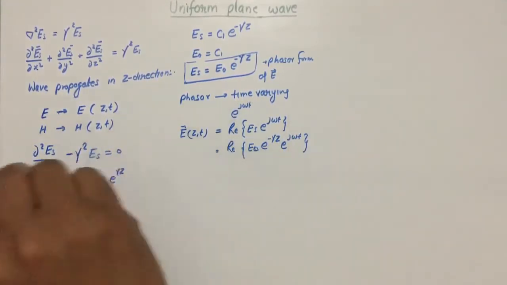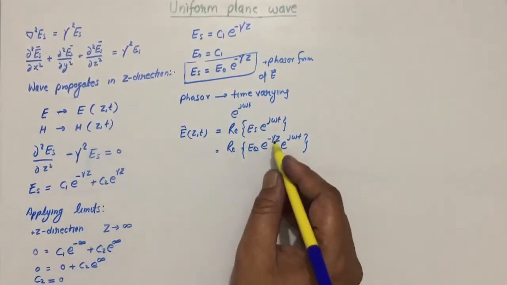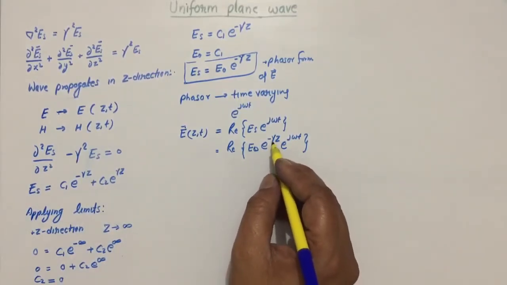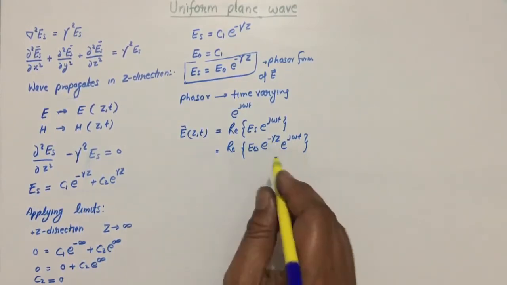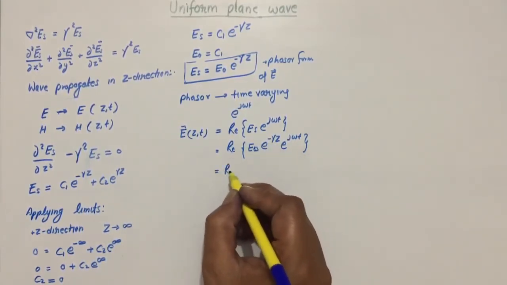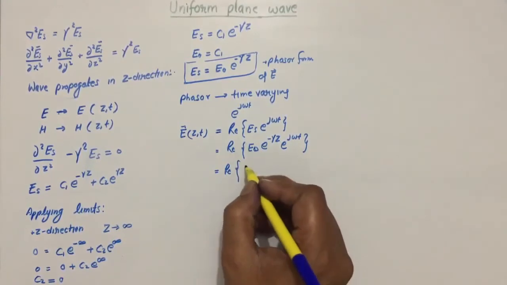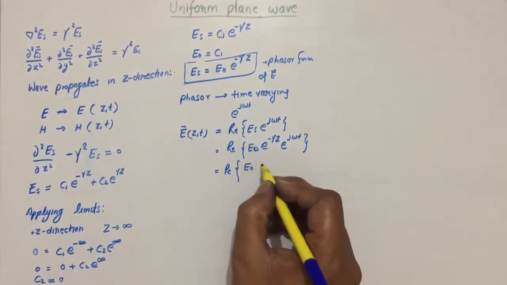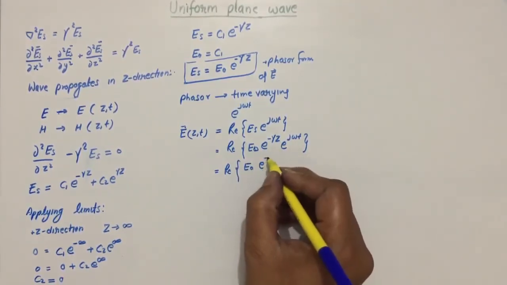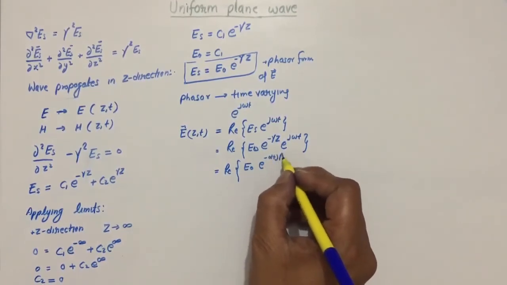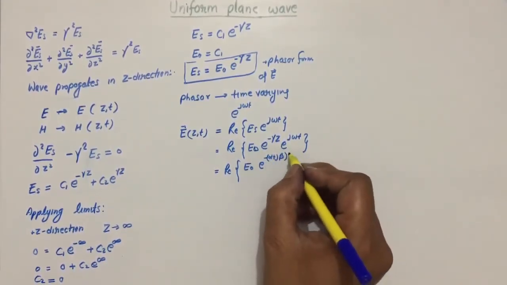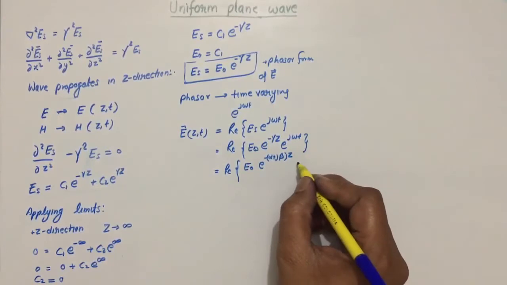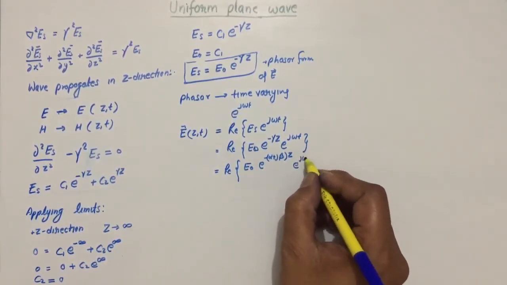And in the beginning of this lecture we have seen gamma is alpha plus j beta. So put that value here. Real part of E naught e to the power minus (alpha plus j beta) z and e to the power j omega t.